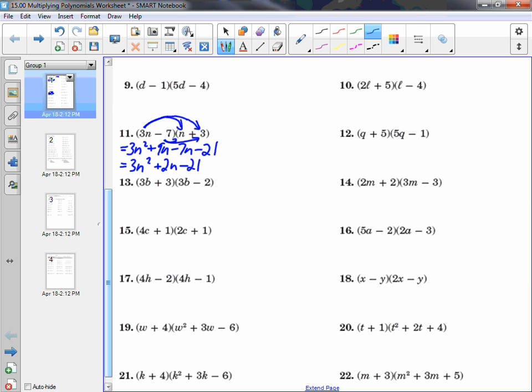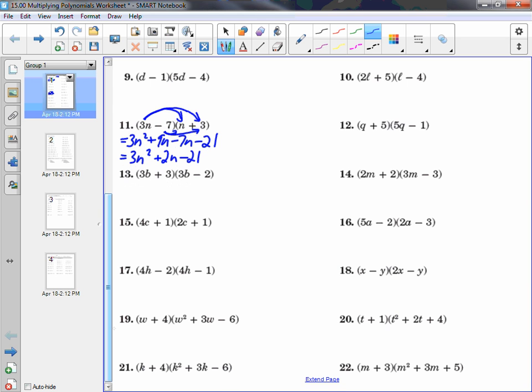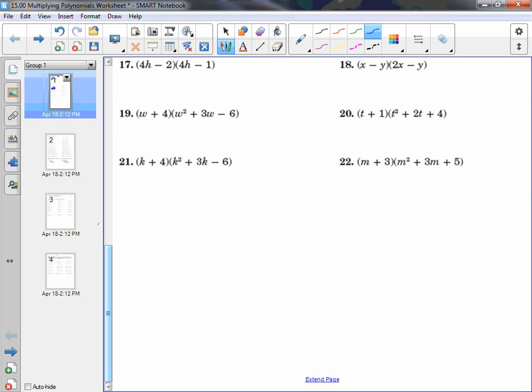And then don't shy away from the ones that may cause a little more of a challenge, like number 21. So let's take a look at this one. We can't call this one the FOIL method, can we? Because there's 3 terms in the second parentheses. It's a binomial times a trinomial. But it's still the distributive property twice, once with the k, once with the 4.